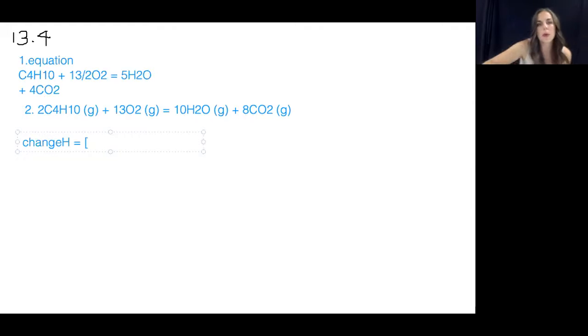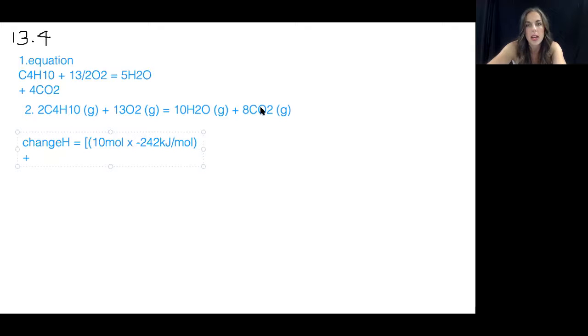So the products, we've got 10 H2O, so 10 moles times, I'm going to look at table 13.3 at the bottom of page 462, and I've got negative 242 kilojoules per mole. There needs to be another parentheses there.